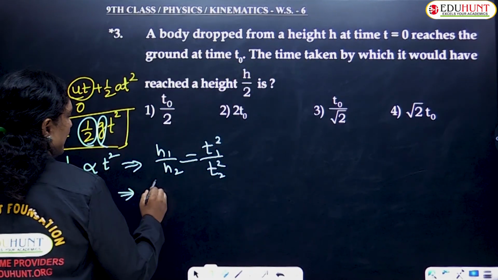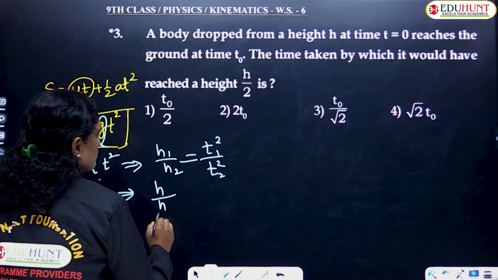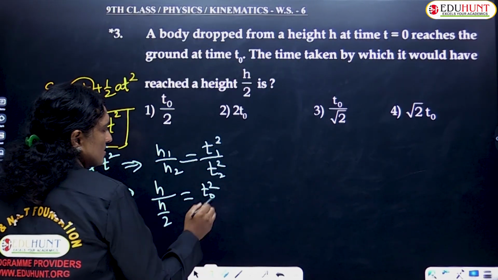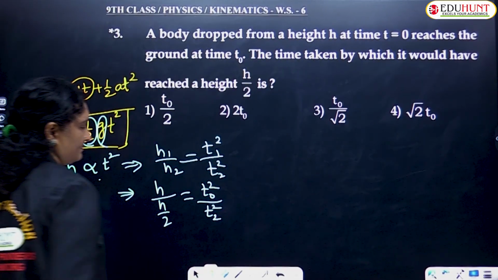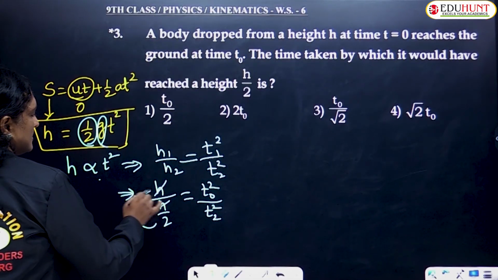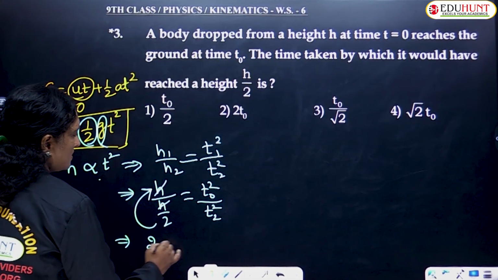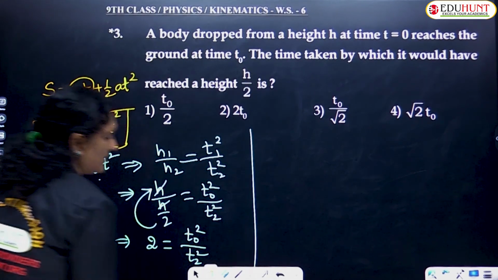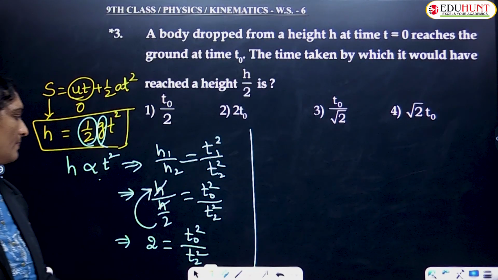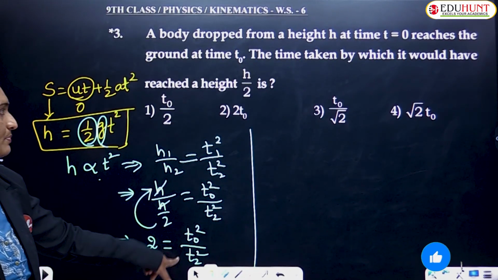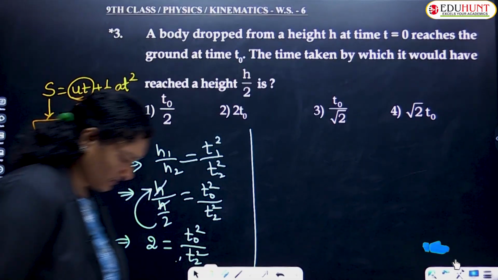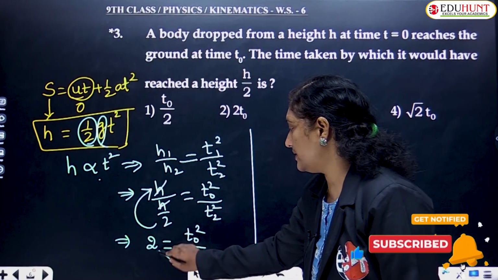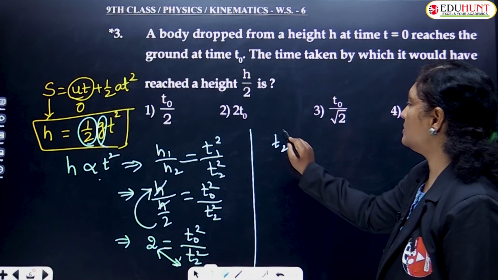Minus half g into minus 4n will become plus, half into 4 is 2, so plus 2gn. Then minus half g into plus 4 is minus 2g, equals 120.